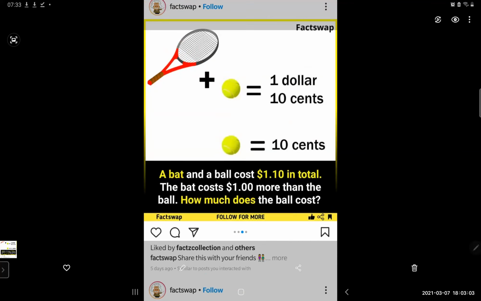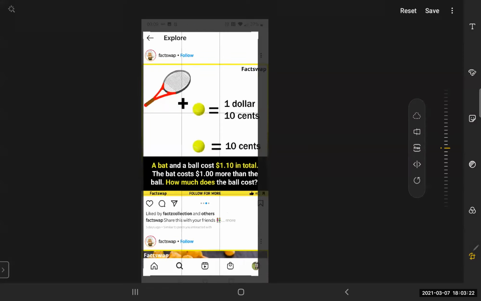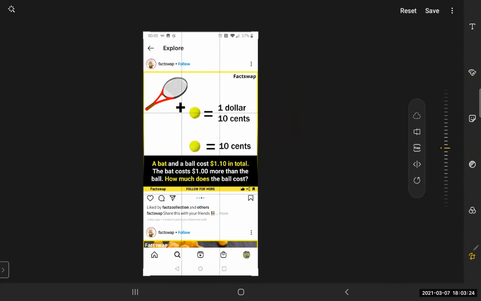A bat and a ball cost $1.10 in total. The bat costs $1 more than the ball. How much does the ball cost? Is the question clear?